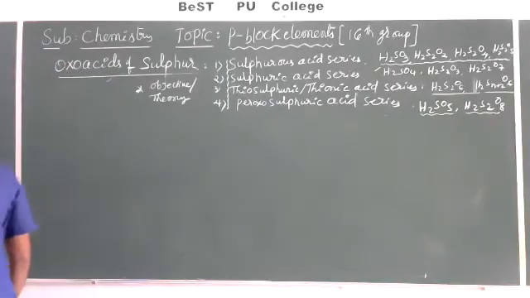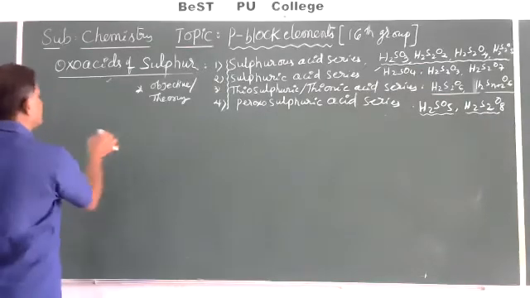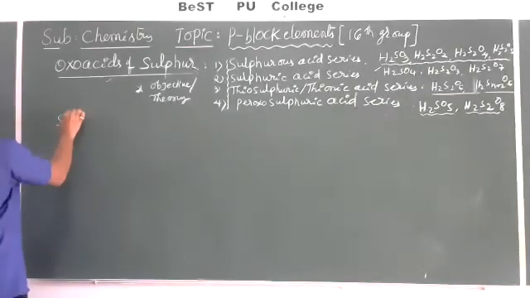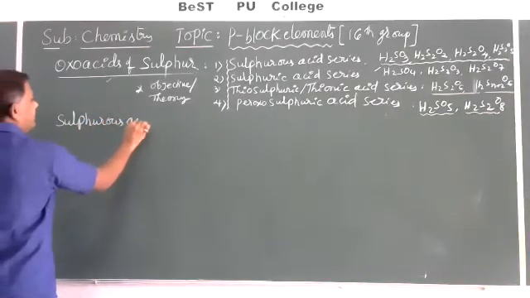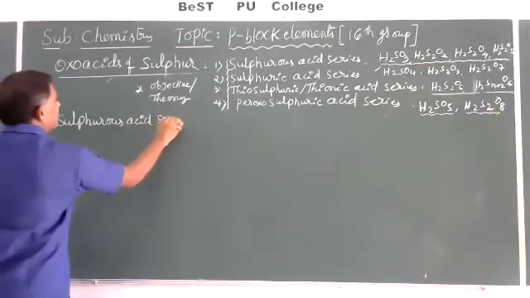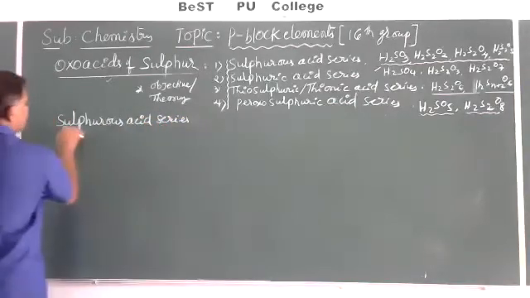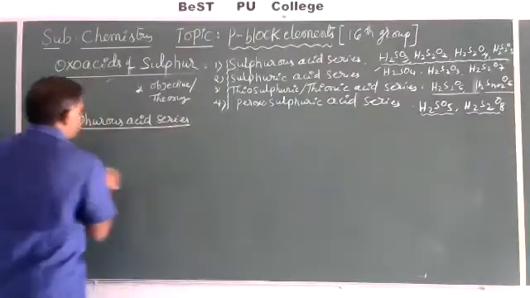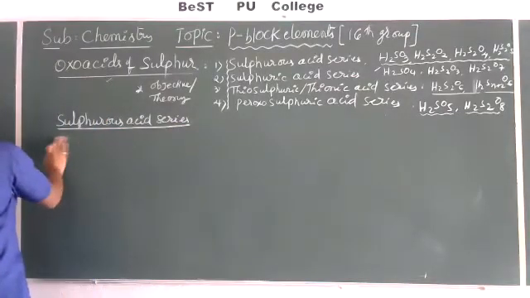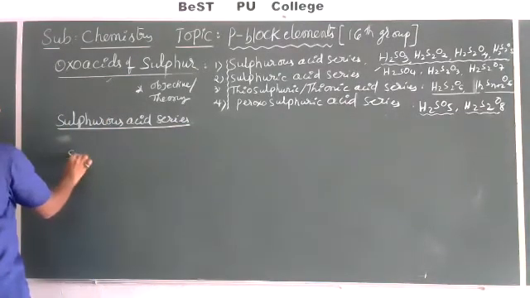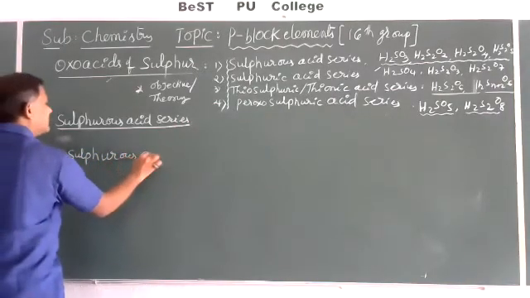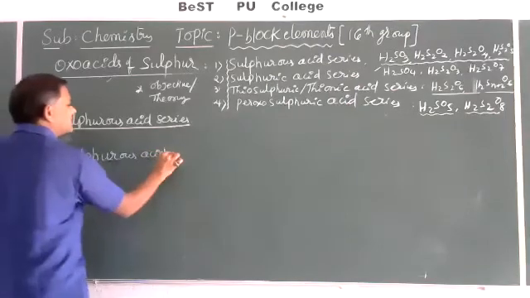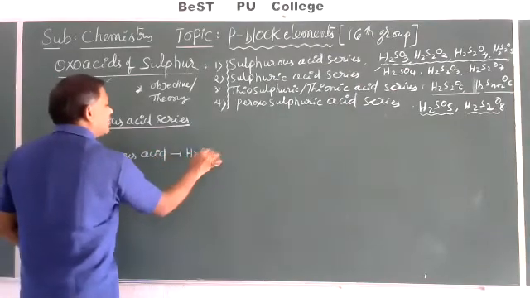First one is about the sulfurous acid series. In this sulfurous acid series, the first example is sulfurous acid, and its formula is H2SO3.